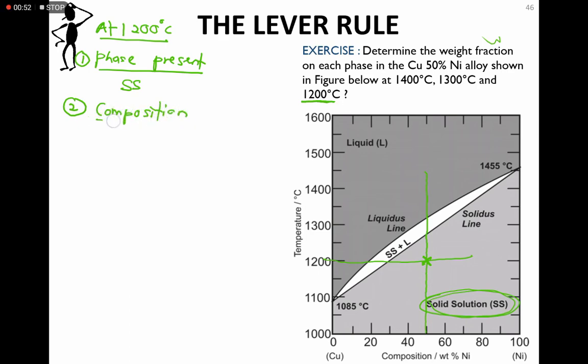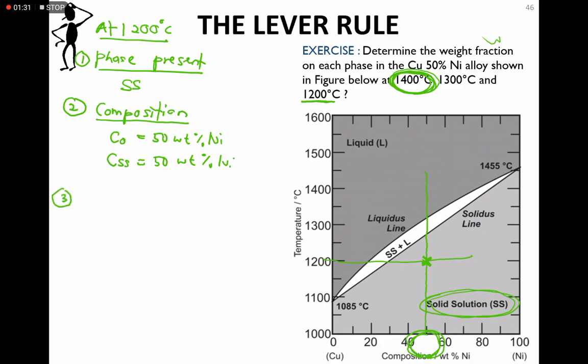Number 2, composition, C0 and also CSS. At 1200 degrees Celsius it is a solid solution. For the composition C0 and CSS, it is the same value as for 1400 degrees Celsius. So your answer: C0 is 50% of nickel, and CSS is also 50% of nickel.